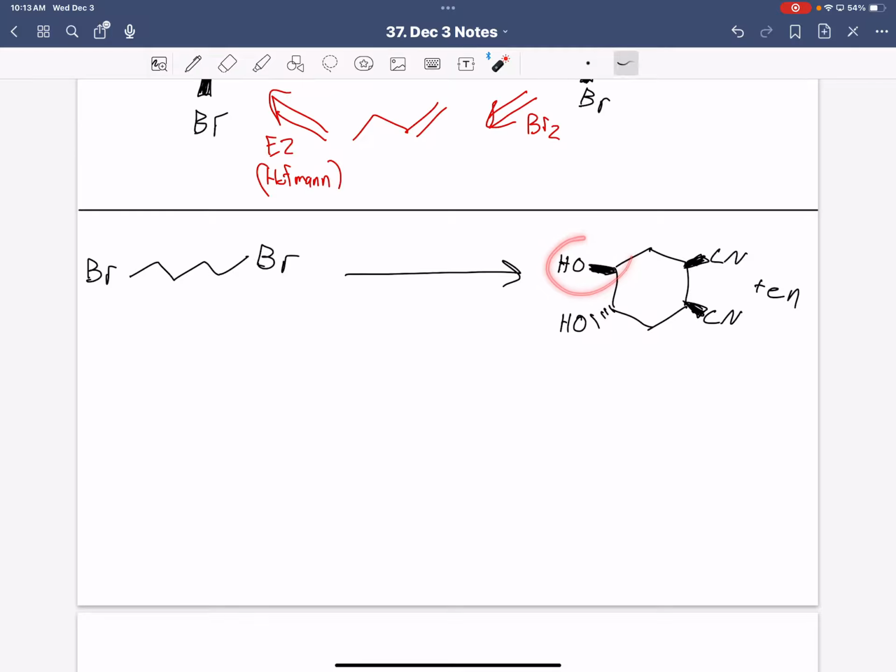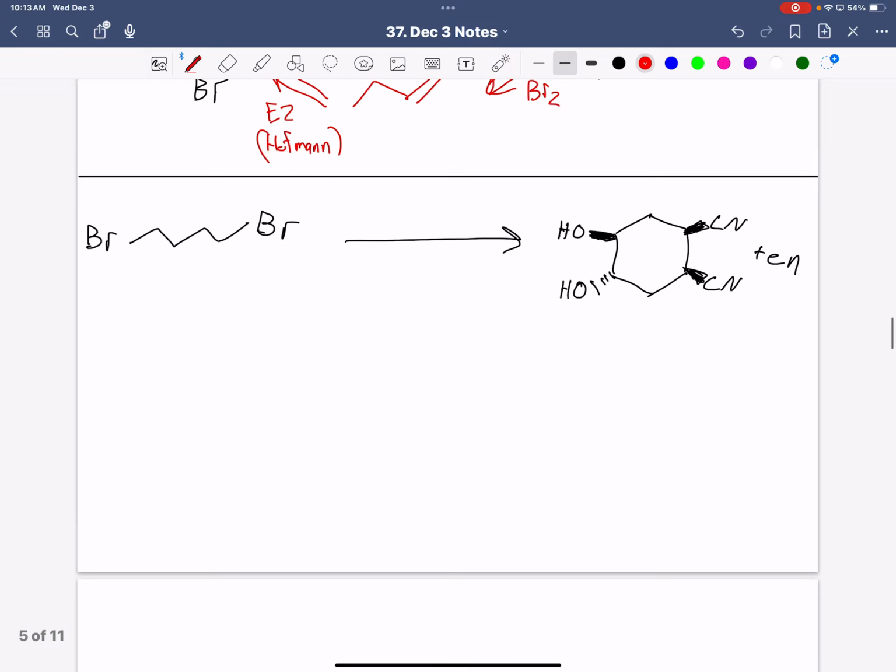So I'm looking for some sort of alkene reaction that could have made this. I see 2 hydroxides, added anti. Well, I know an alkene reaction that does that. That's just our trans diol.